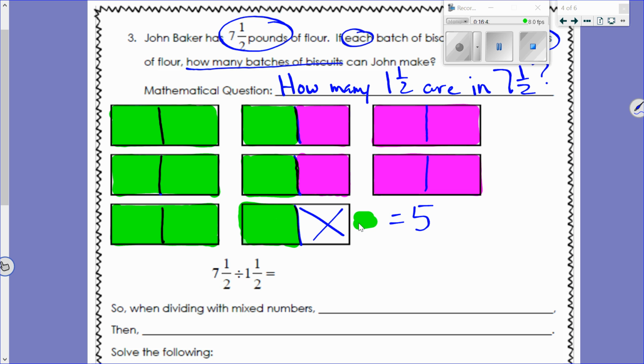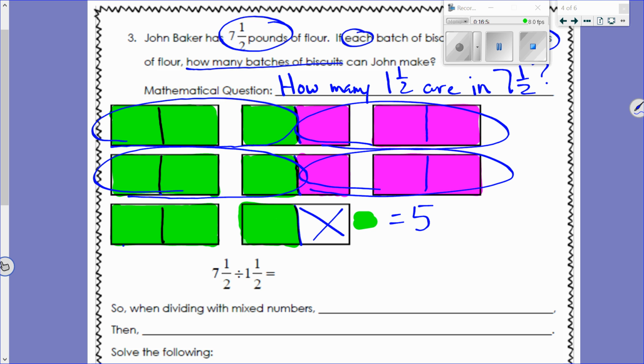Can you guys visualize why that is now? Yeah. Now, Isaiah? Okay, if I look, I got 1 set of 1 1/2 here, right? I've got a second one here, third, fourth, fifth. So I have 5 sets of 1 1/2 in my 7 1/2. Does that make more sense?